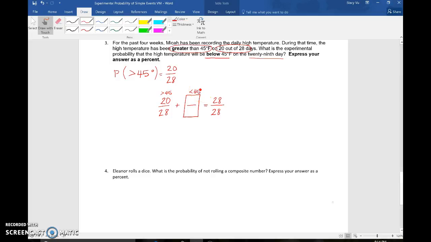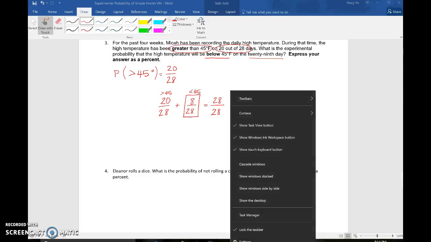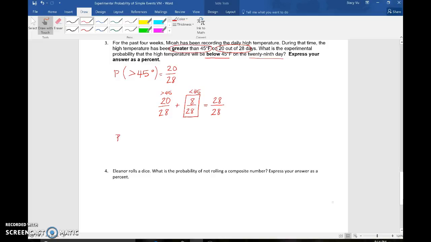So we need a common denominator. We already set it as 28. So 20 days plus what is 28? So 8 days. So the complement, I can write it out as the probability of lower than 45 degrees Fahrenheit is equal to 8 out of 28 days.